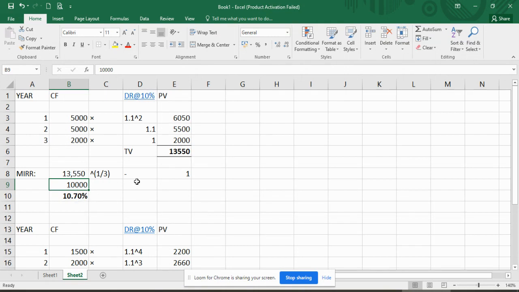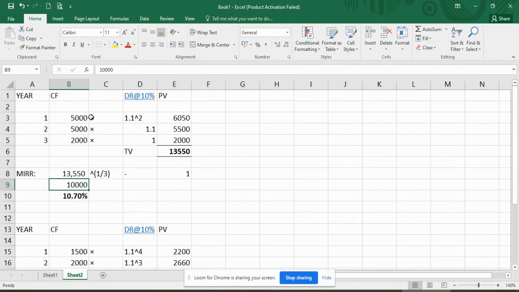So let's calculate the terminal value. Year 1, year 2, year 3: you receive 5,000 in year 1, another 5,000 in year 2, and 2,000 in year 3. The money you receive in year 1, you will reinvest at a 10% interest rate for the next 2 years. You receive it at the end of year 1, therefore you have 2 years for reinvestment. That is why it's power of 2.